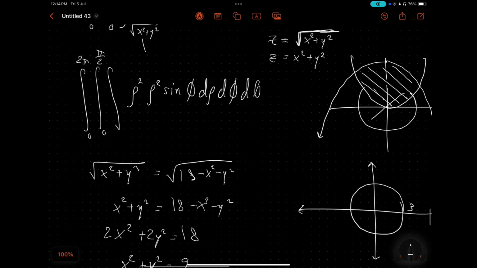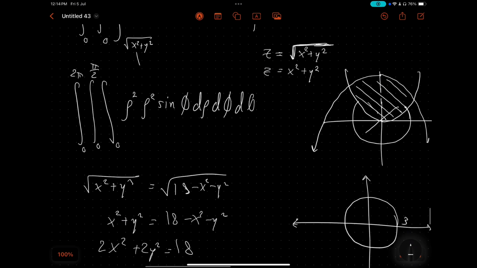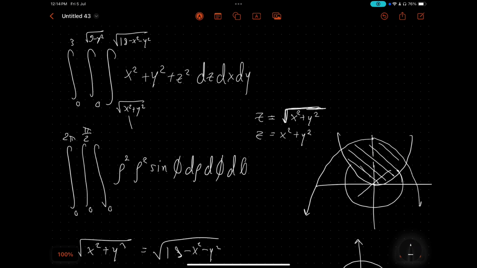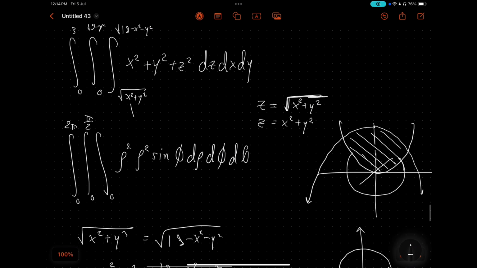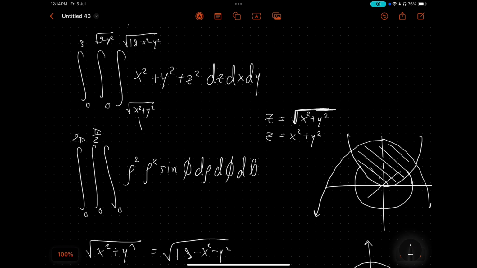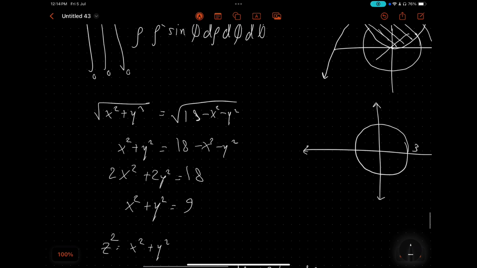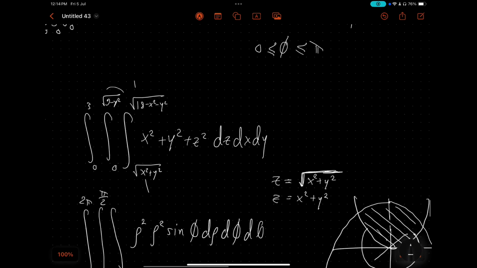Now for rho, I need to find rho. It's basically going to go from 0 up to a specific point. Now rho can be found in different ways. Can we use this? So we have x equals the square root of 9 minus y squared, so x squared equals 9 minus y squared.